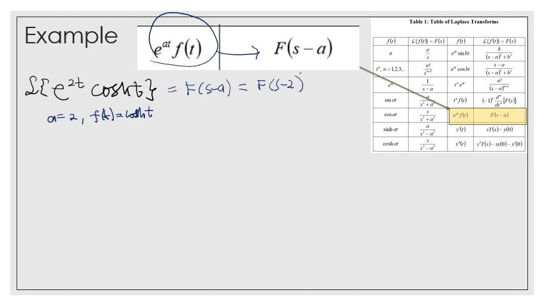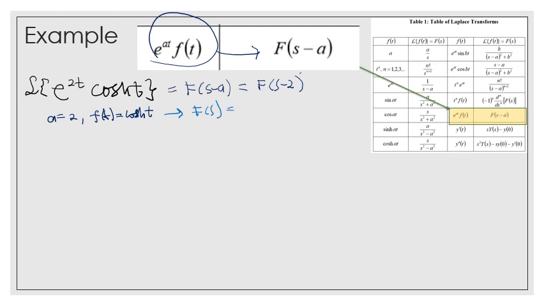So what does it mean by F(s minus 2)? We only have the information of a and f(t), which is cos t. So the first step is we need to find what F(s) is, if we are given f(t).